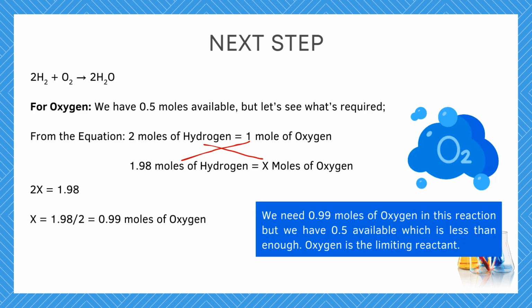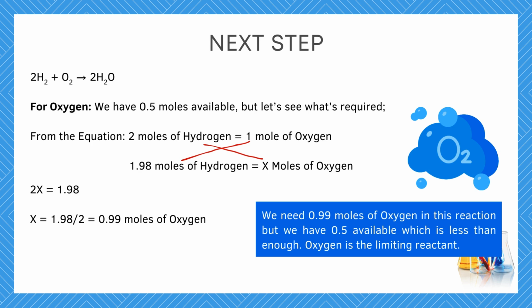Now let's go ahead and check oxygen to see if oxygen will be the limiting reactant. For oxygen, we have 0.5 moles available, but let's see what is required. From the equation, 2 moles of hydrogen requires 1 mole of oxygen. So let's assign an unknown variable to oxygen so that we can find out what is required.